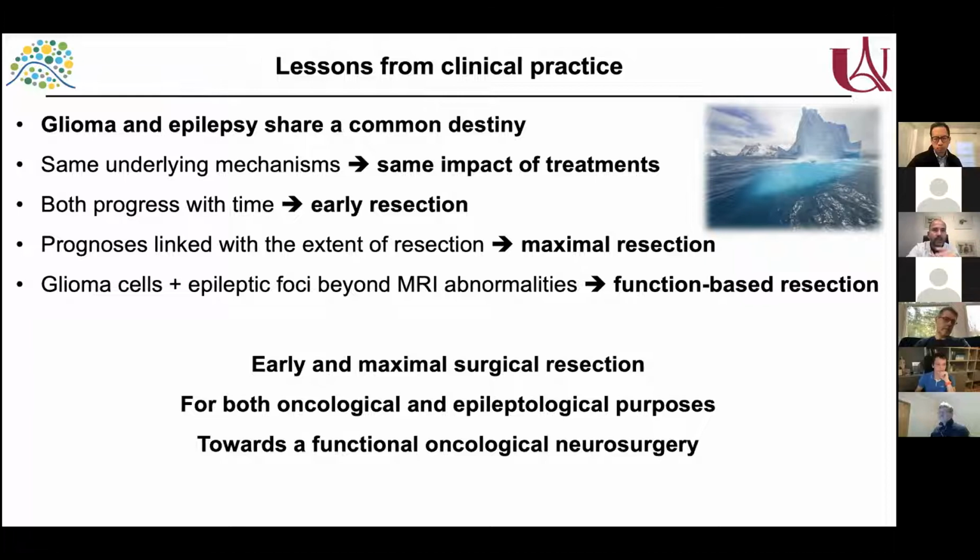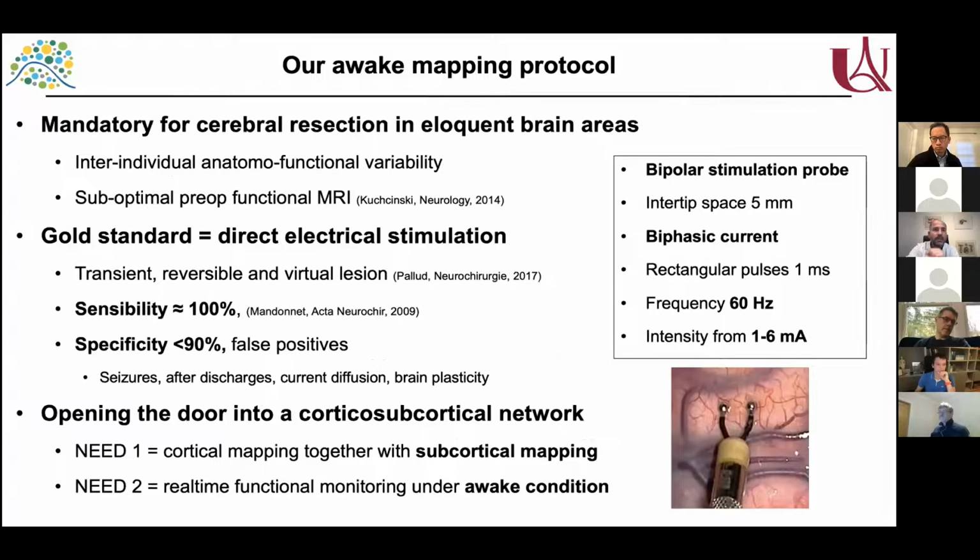So, this being said, we will see now how I try to perform such a maximal function-based resection. In my institution, for more than 10 years, I have performed function-based resection using intraoperative brain mapping with direct electrical stimulation under awake conditions. I use the Ojemann parameters.